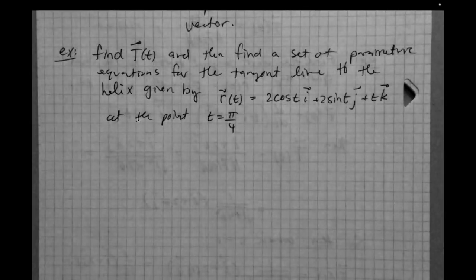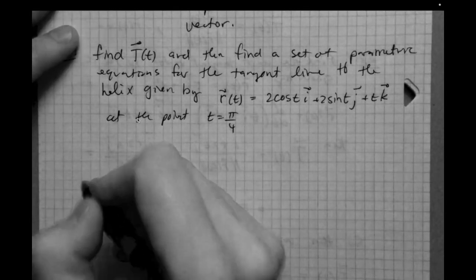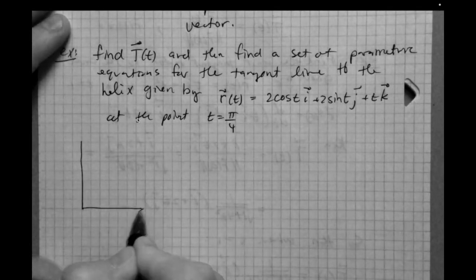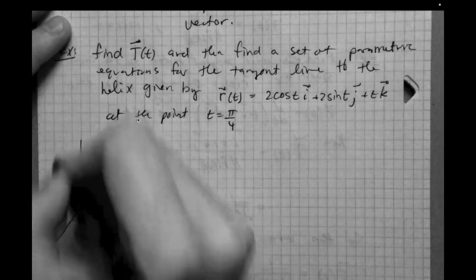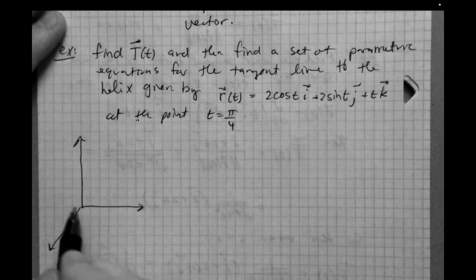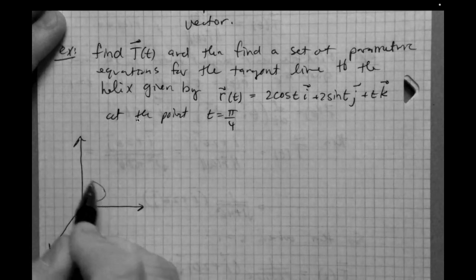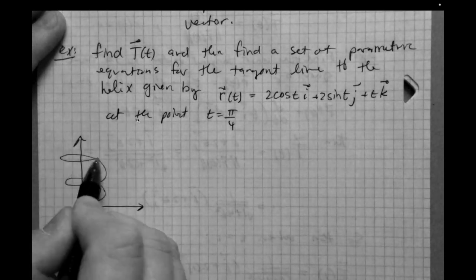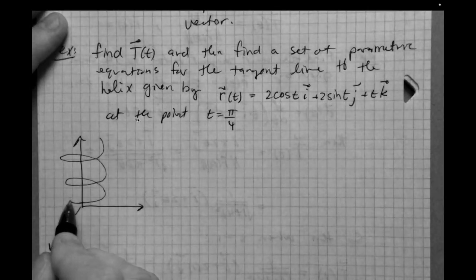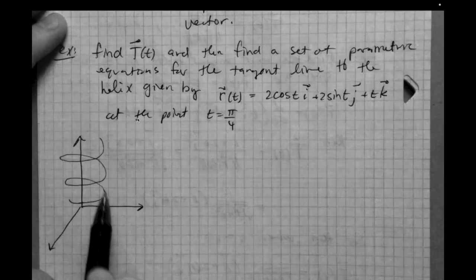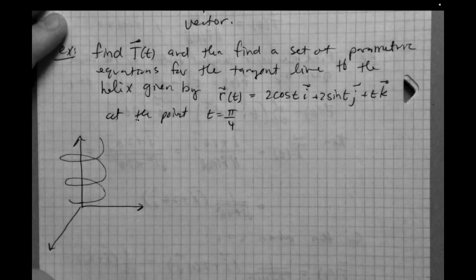So what do we got here? I'm going to attempt to draw something, just to create context. This isn't going to be a specific drawing that we'll need much, but a helix in 3D space is kind of like a spiral. Looks a bit like this, not exactly, obviously, and this vector valued function is the equation describing this helix.